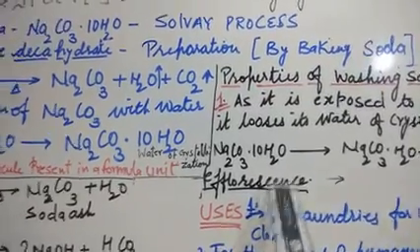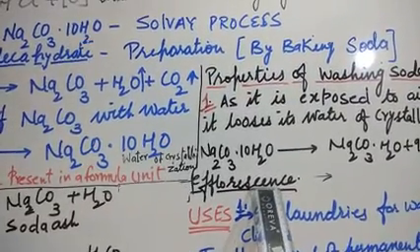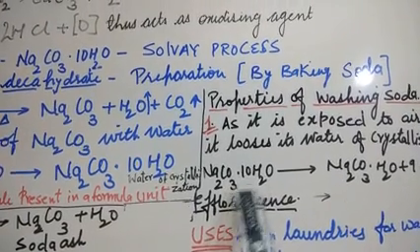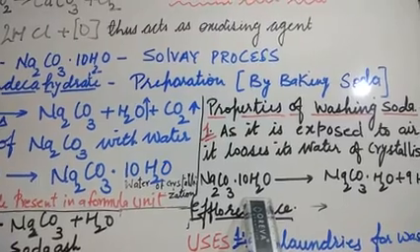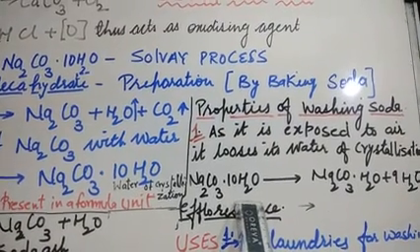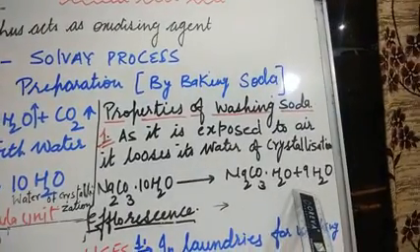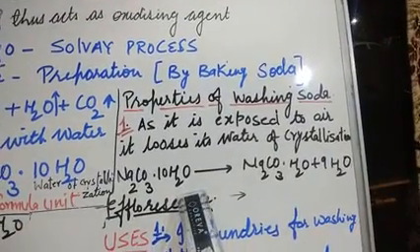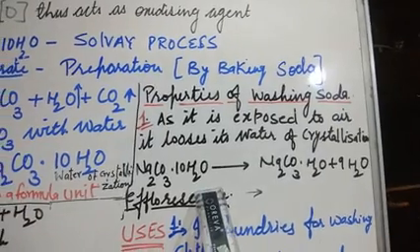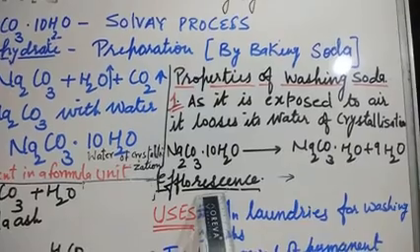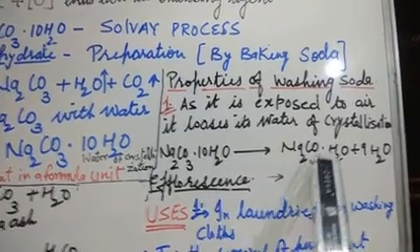Important phenomena, students. Efflorescence. When any compound which has water of crystallization is exposed to air, it starts evaporating out that water of crystallization by its own. This process is called efflorescence. अपने आप हो रहा है.